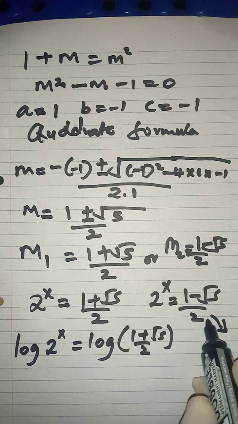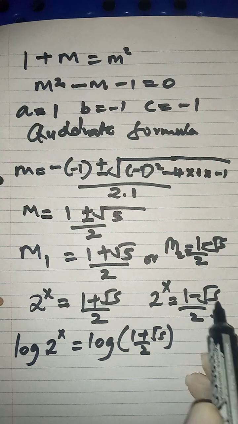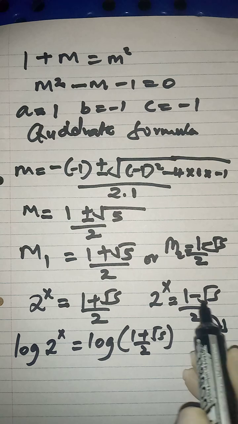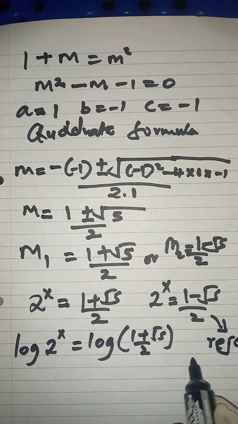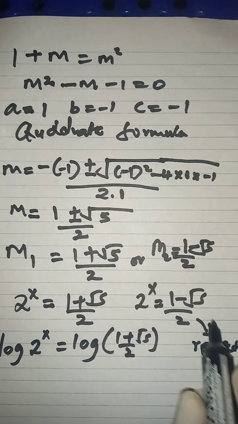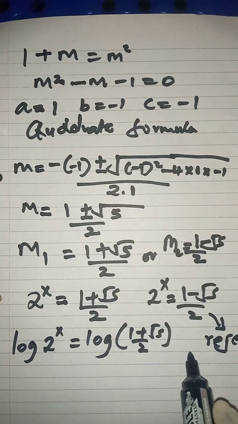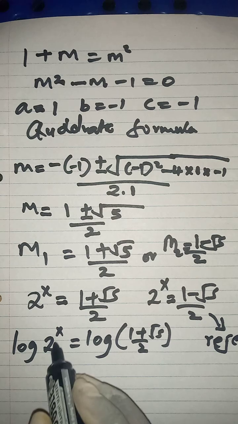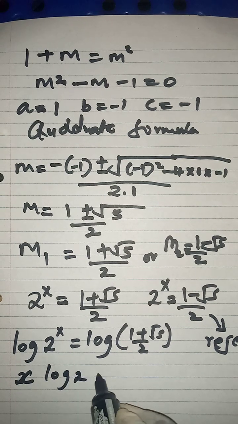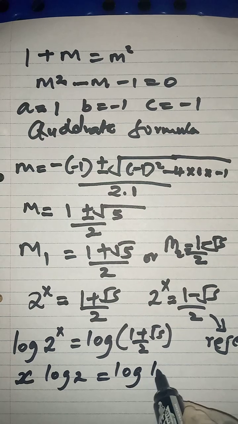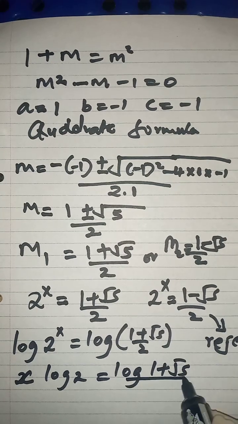But for this, when I introduce the log, I'm going to get a negative number here. So I'm going to reject this, since we cannot find the log of a negative number. So this x is going to come here as x times the log of 2 is equal to the log of (1 plus root 5) over 2.